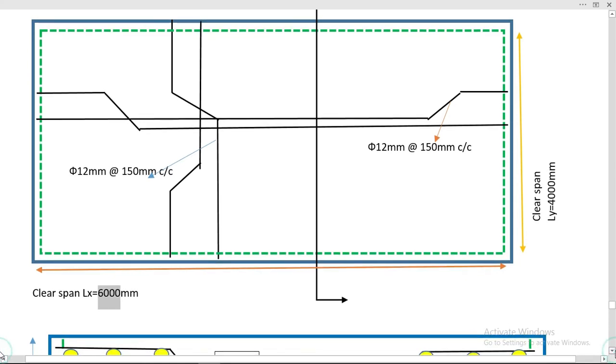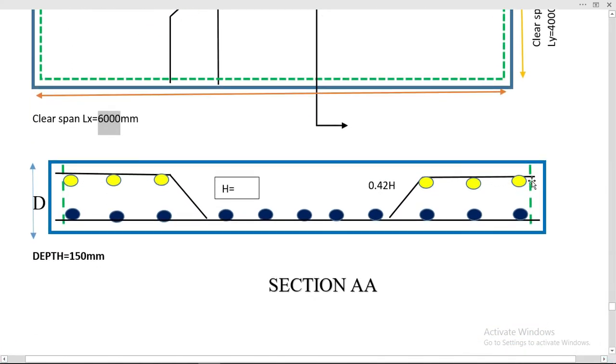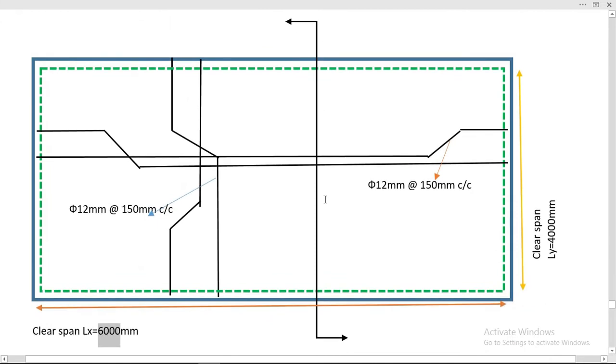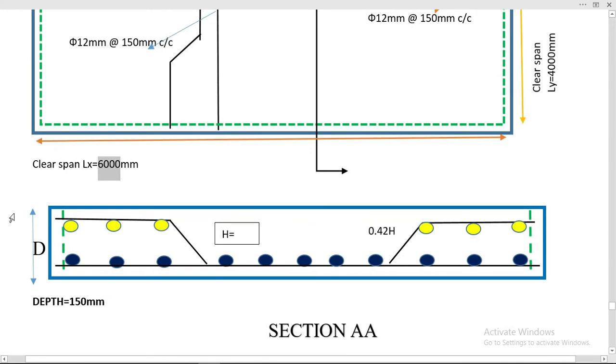Let me show you the section of this slab. In the section you can see, here we cut the section. Here you can see this one bent-up bar bending here at 45 degrees, then going straight, then the other bar is bending from this side and the other side is straight.